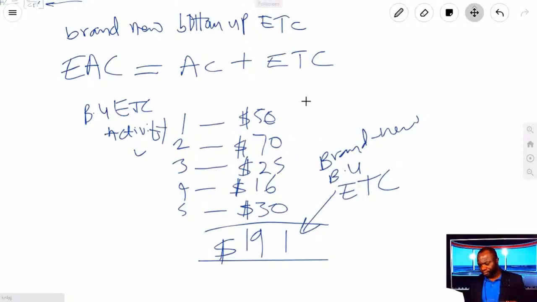It says, if the initial plan is no longer valid, use EAC is equal to AC plus bottom-up ETC. And that is really what they're talking about. That's how you do the EACs, okay?